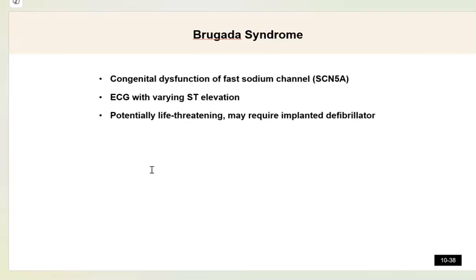The problem is that pattern can show up chronically or just sometimes intermittently. So the ECG findings may be unmasked when you give sodium channel blocking antiarrhythmics like flecainide or procainamide. Brugada syndrome is a potentially fatal disease, and intracardiac defibrillator implantation is the most effective way to prevent an arrhythmic death.